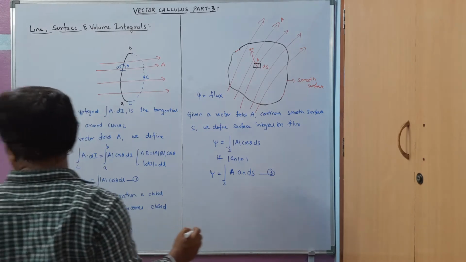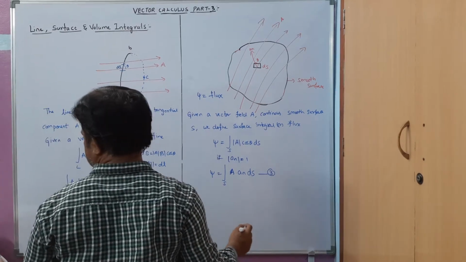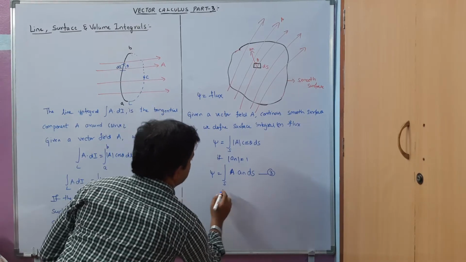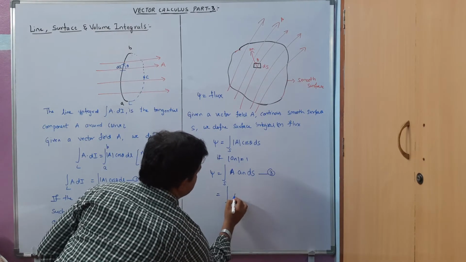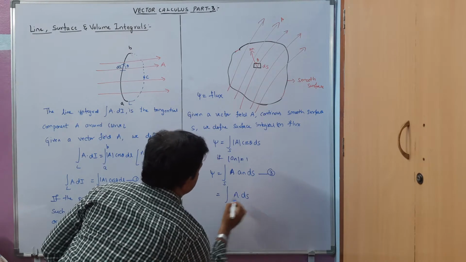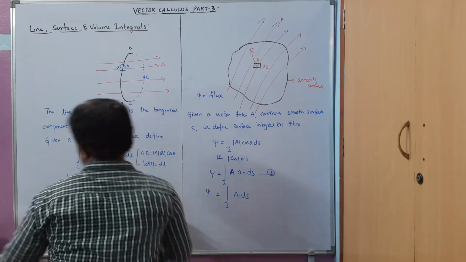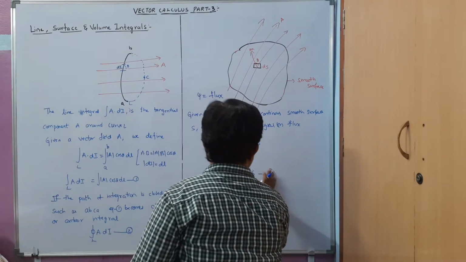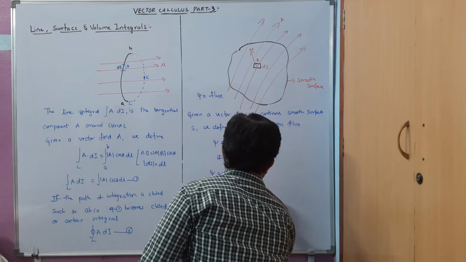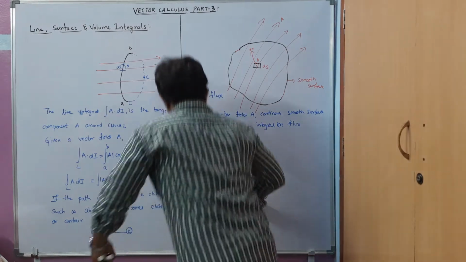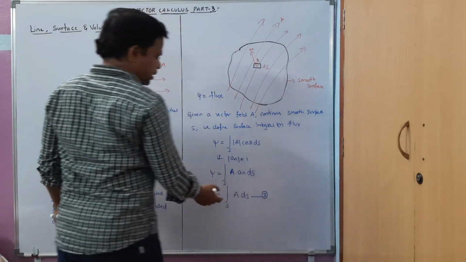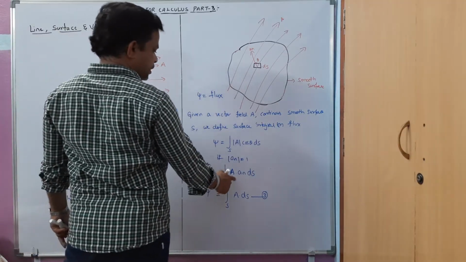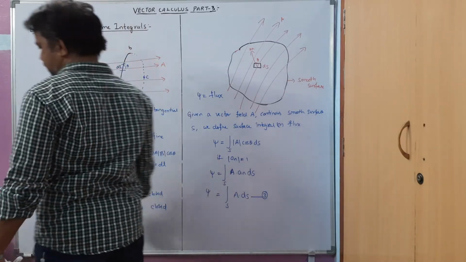Or else we can also write it like this, A dot ds, that is the flux. So the flux or the surface integral is given by A dot ds, where mod AN is equal to 1.